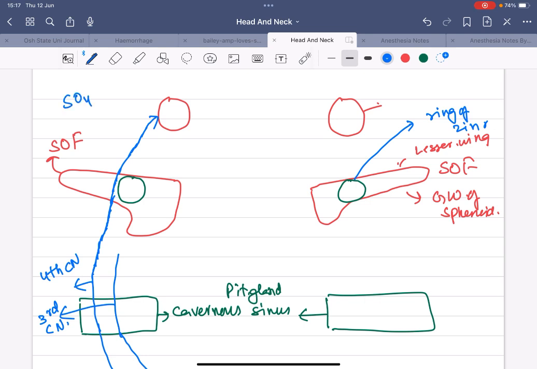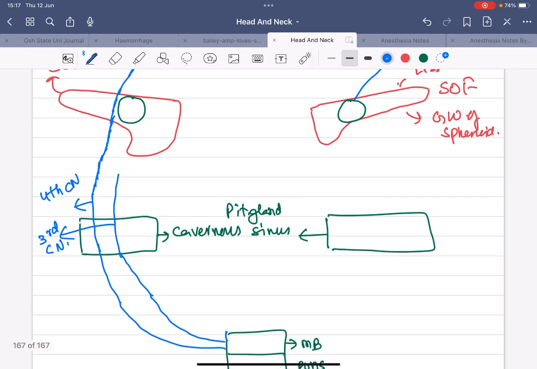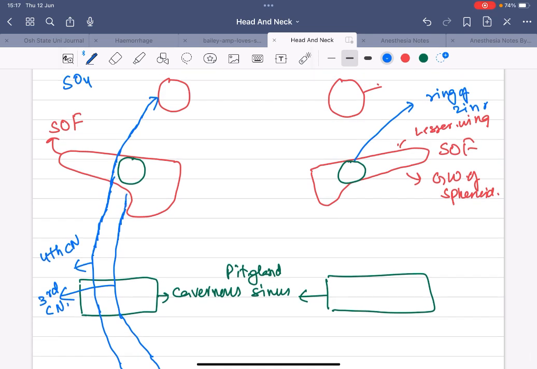The sixth cranial nerve passes through the cavernous sinus, and the third cranial nerve passes through the cavernous sinus. Now it passes through the superior orbital fissure and gives two divisions, superior division and inferior division, innervating the eyeball muscles.